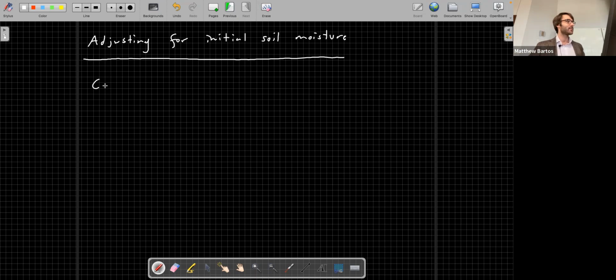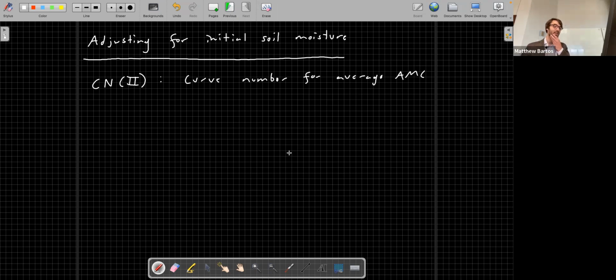We'll say that CN2 is our curve number for average AMC, or antecedent moisture conditions. And then for dry and wet conditions, we have to adjust upwards or downwards.